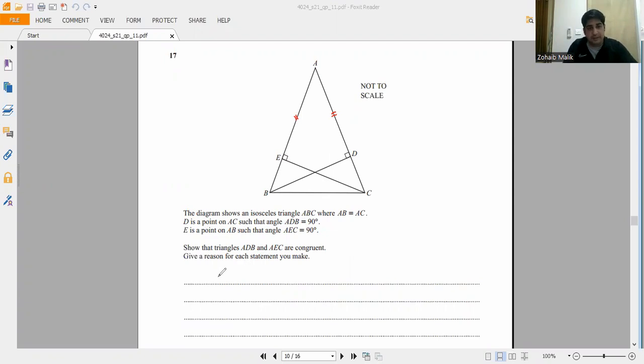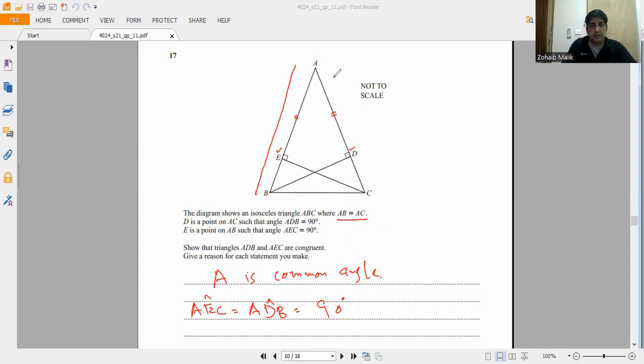So here I can see the angle A is common between these two shapes. Now this angle 90 degrees and 90 degrees, so I can name it AEC is equal to ADB is equal to 90 degrees. Okay, two angles are proved equal, and for the third side I can see the condition is given: AB, which is the whole length of triangle ADB, and AC, which is the whole length of triangle AEC.